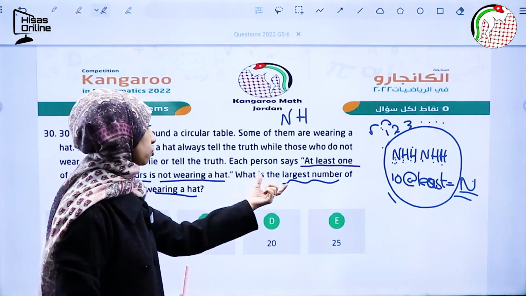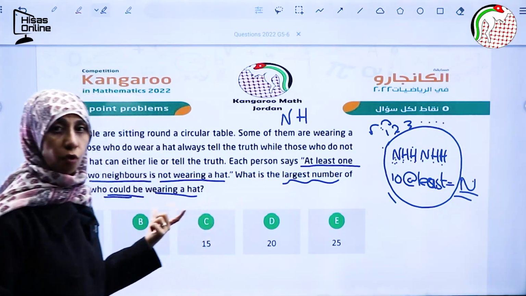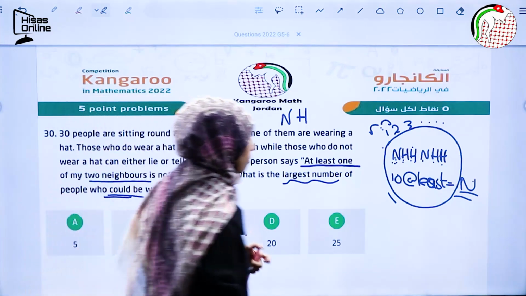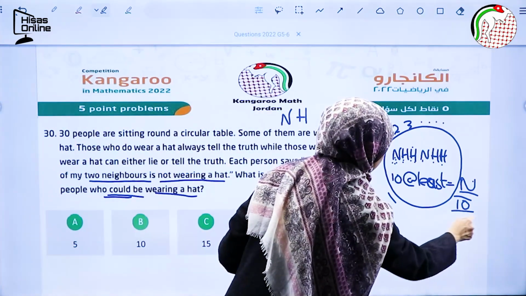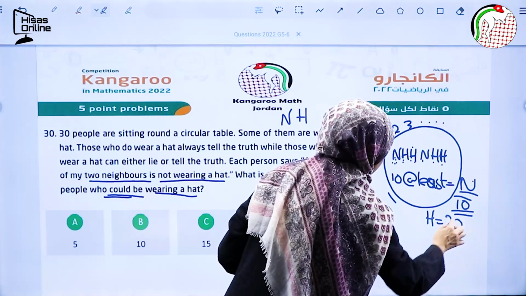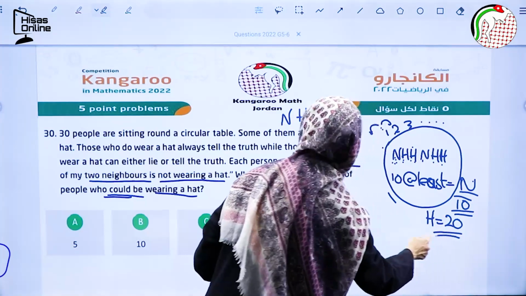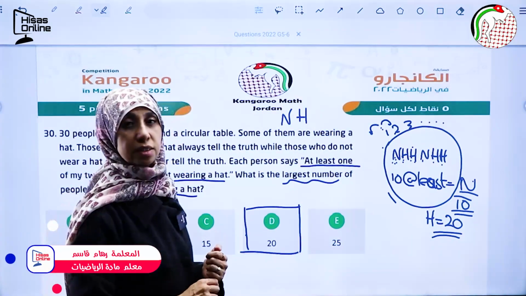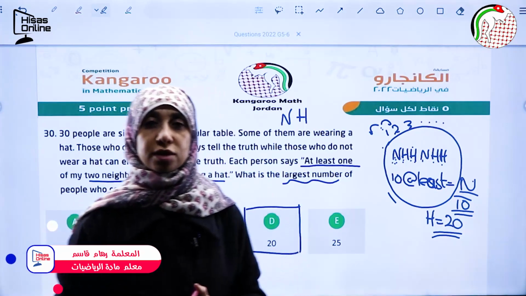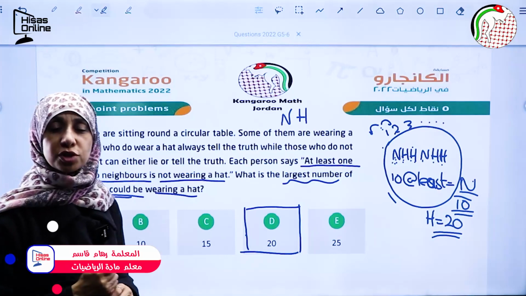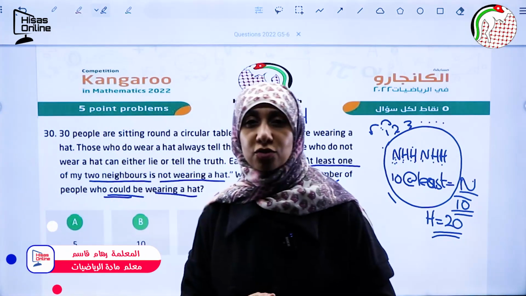So, the largest possible number of people wearing hats will be 20 people, which is D, and D is the right answer for this question. And this is the last question for this group of questions for 2022.